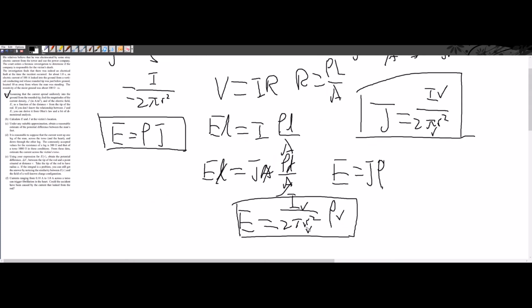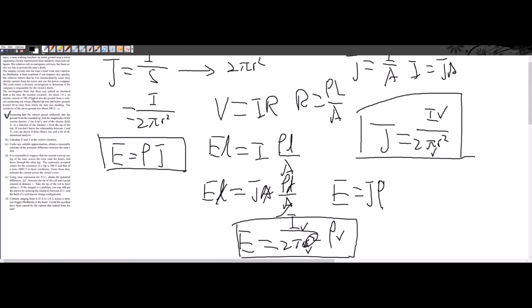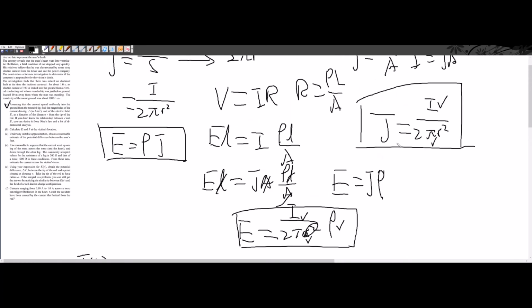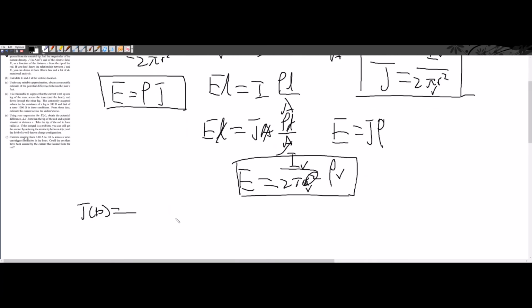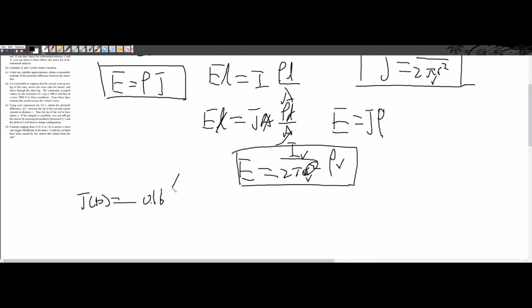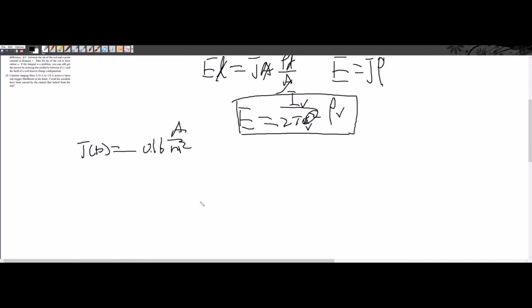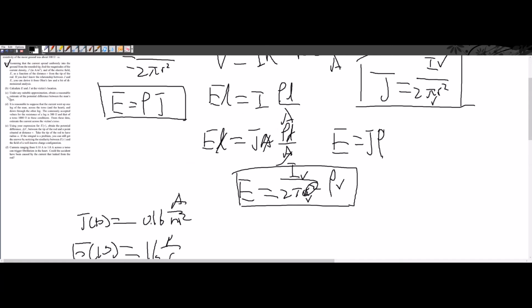We just need R. We're given that the victim was 10 meters away, so we can plug in J at 10 and plug everything in. We get J is about 0.16 amperes per meter squared. Similarly, with the electric field, we can plug in, and E at 10 is around 16 newtons per coulomb. So that's part A.